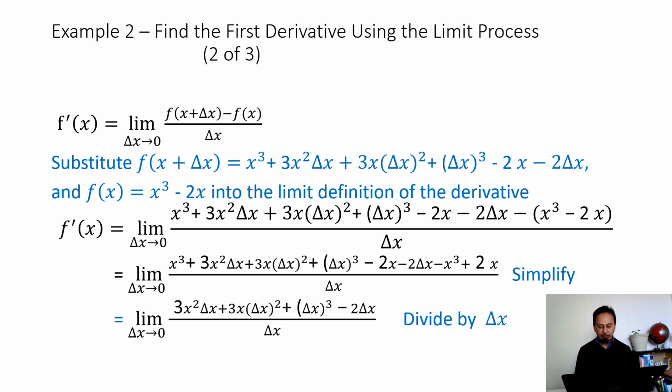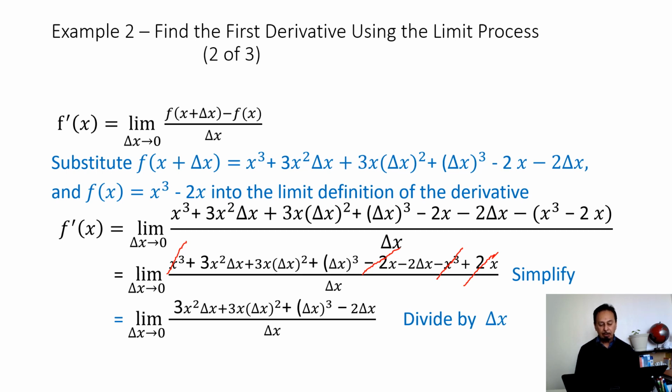And now we simplify it. It looks like we can cancel out this x cubed with this minus x cubed, and minus 2x we can cancel out with plus 2x. And we are left with the limit as delta x approaches 0 of 3x squared delta x plus 3x delta x squared plus delta x cubed minus 2 delta x.